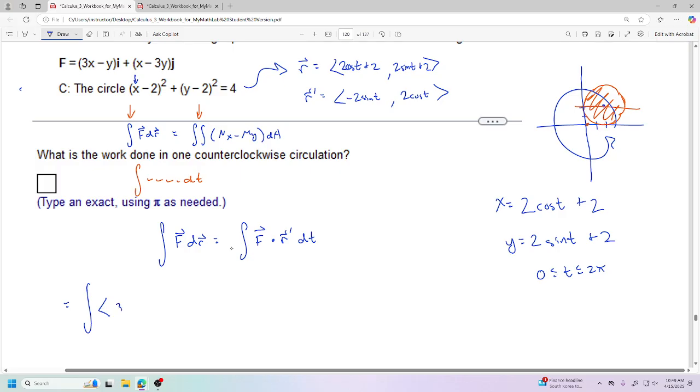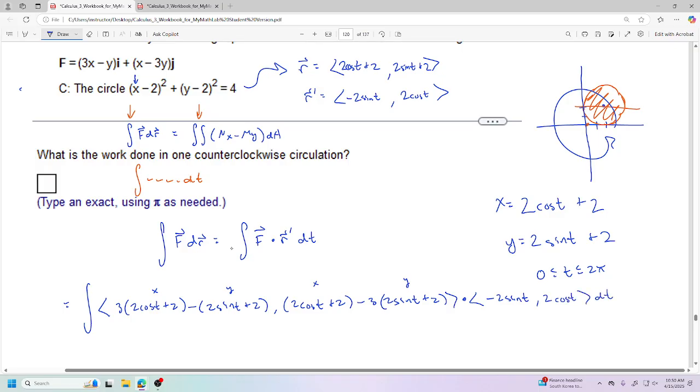So then I've got 3 times 2 cosine of t plus 2 minus 2 sine of t plus 2, comma, x again, 2 cosine of t plus 2 minus 3 times 2 sine of t plus 2. So again, that was an x, that was a y, that was an x, that was a y. Dot, I'm running out of room, this thing right here, dt, 0 to 2 pi.